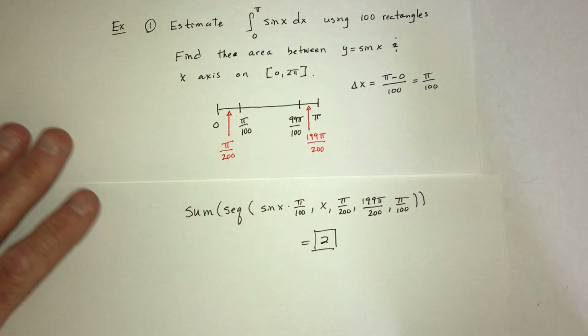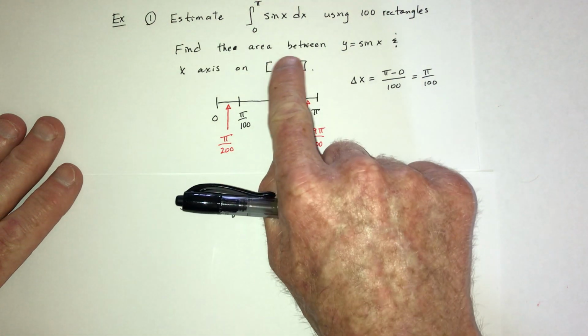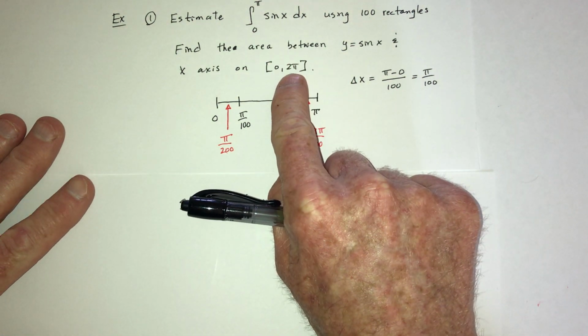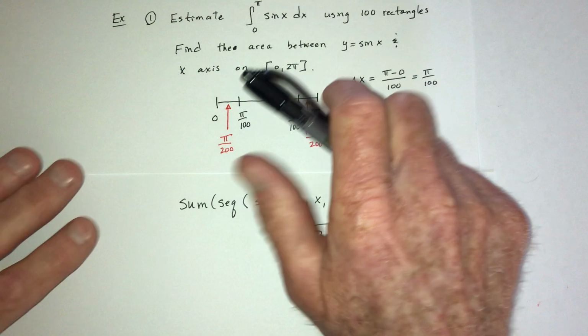All right, that was the first part. But the real goal was find the area between sine and the x-axis between 0 and 2 pi.